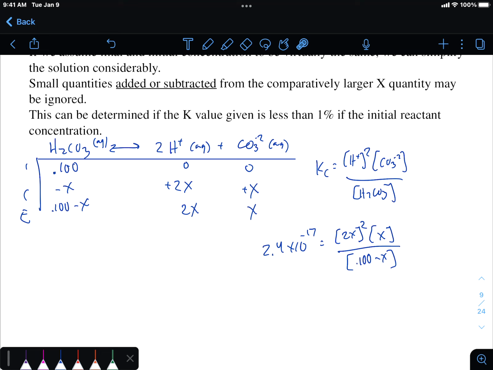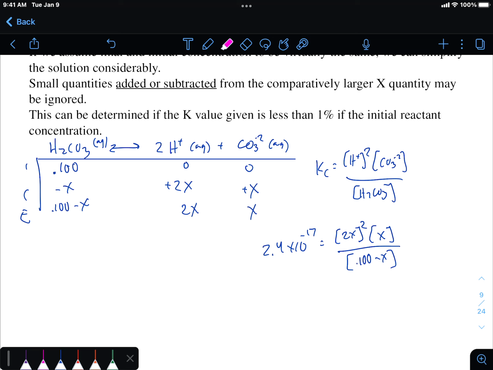It's like saying, let's take 0.1 and from it, let's subtract 0.000000005. We can only round to 3 sig figs at most. So what is that number really going to be after the subtraction takes place? It's still going to be the same. This is called the simplification rule.